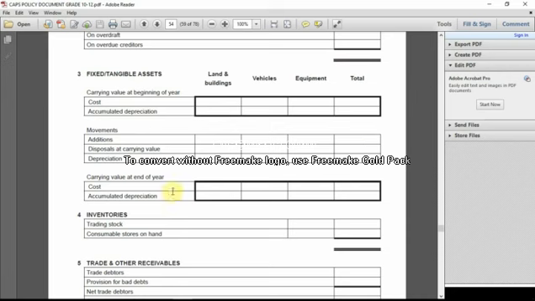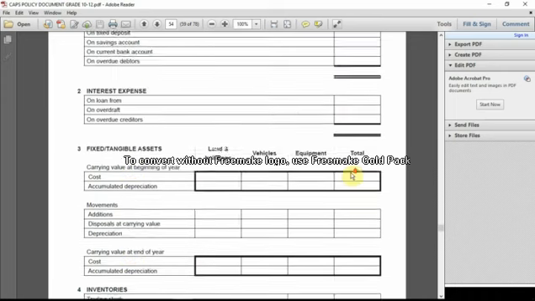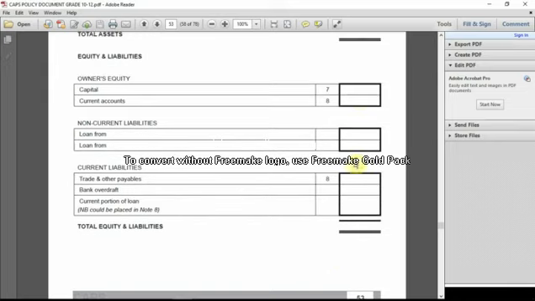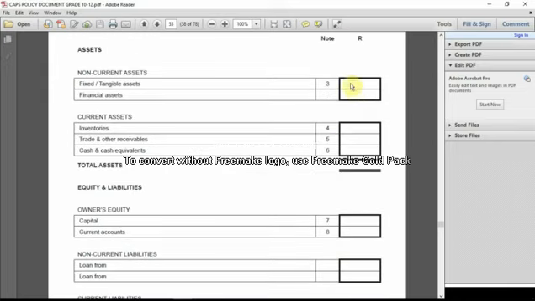I've prepared a whole video for you on fixed assets, so I'm not going to focus too much on this one, but what I will say is the carrying value at the end of the year, the total amount, is what we will transfer from the note to the face of our balance sheet in here. Okay, then let's get back to the current assets. So we have three main categories, namely inventories, trade and other receivables, and cash equivalents.